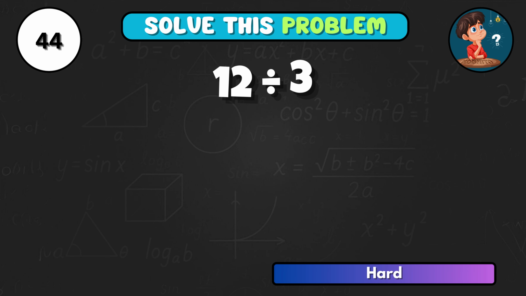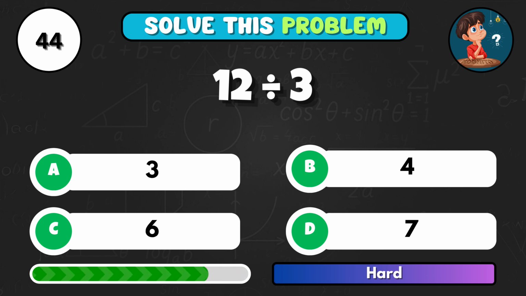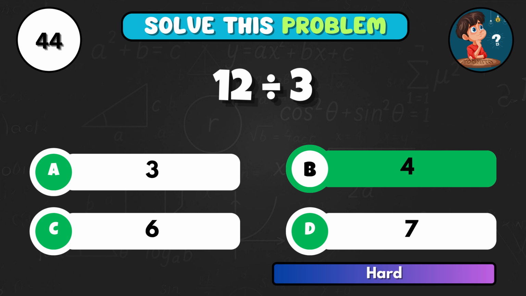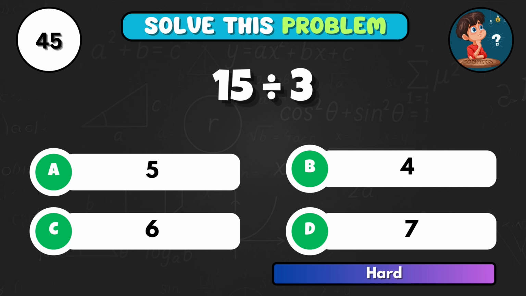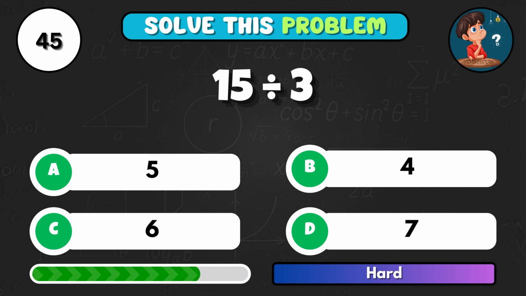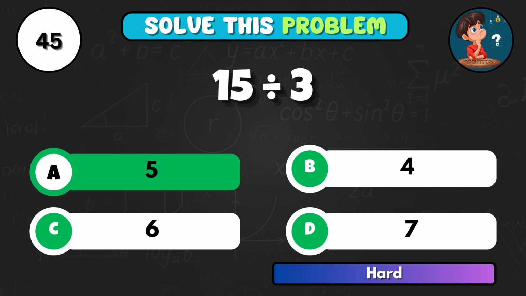And 12 shared by 3 comes out as the right option, B, 4. What's 15 divided by 3? That equals A, 5.